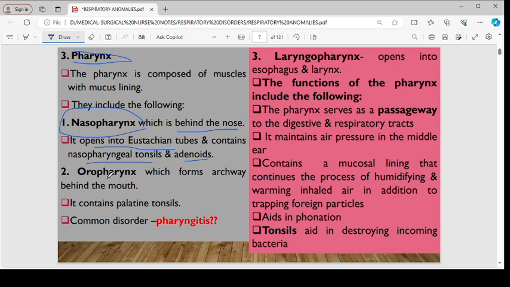The oropharynx is the second part, and it forms the archway behind the mouth. It also contains the palatine tonsils, and the common disorder associated with this region is pharyngitis.